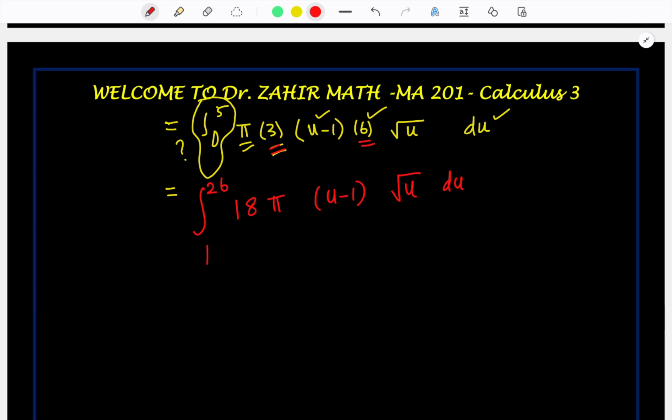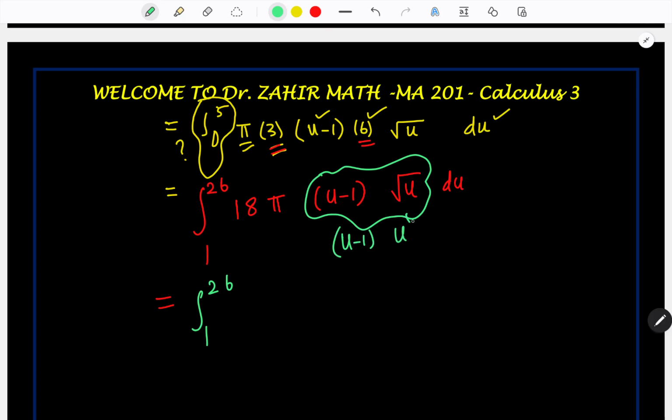So this equals integral 1 to 26, and here you see u minus 1 and a square root, same variable. So I'm going to write the square root of u as u power half, because square root of 2 is nothing but 2 power half.